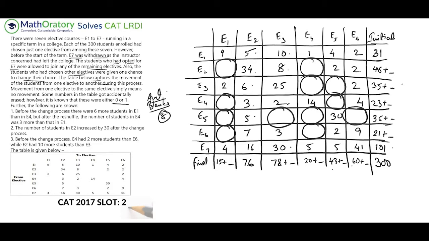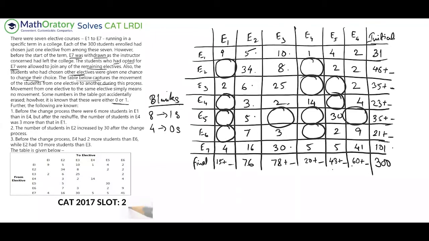So the amount that needs to be filled is 8, and we have 12 blanks. Let me rewrite this. The blanks that we have are going to have 8 values as ones and the remaining 4 values as zeros, because every blank is going to be filled with ones or zeros, right?